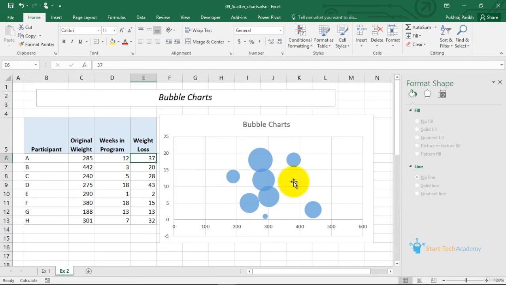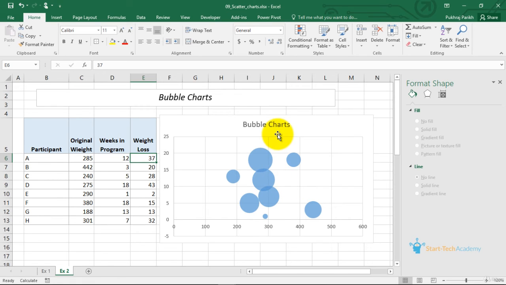The idea behind creating this chart is, if circles with larger radius are coming in a particular area of this chart, you can conclude that maximum weight loss is being achieved by people belonging to that particular category.